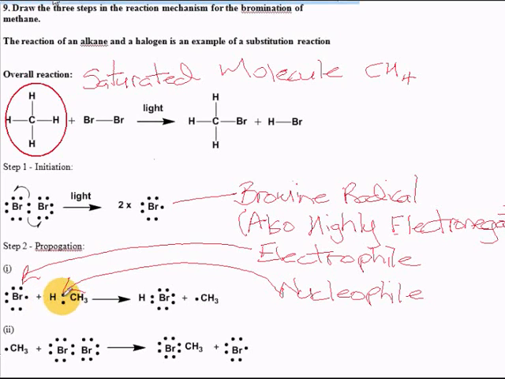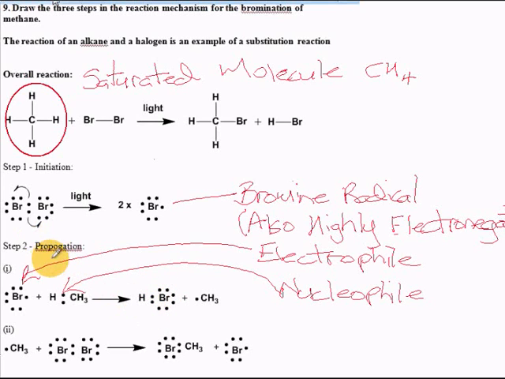This part of the methane molecule is in a position to give an electron. So we have our electrophile and then our nucleophile, which is willing to give one of the electrons away.